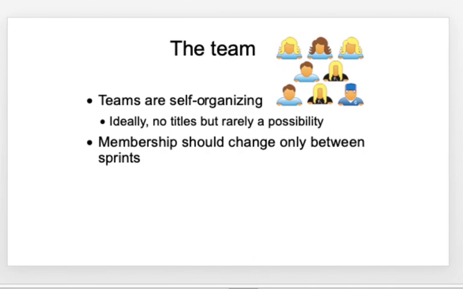So by membership, I mean if there are 5 people in a team, one person will enact as the Scrum Master, one person can be a designer, 2 people can be coders, and one could be a tester. So do not change that role during the sprint. The membership can only change once the sprint is completed successfully and before you proceed on to the next sprint.